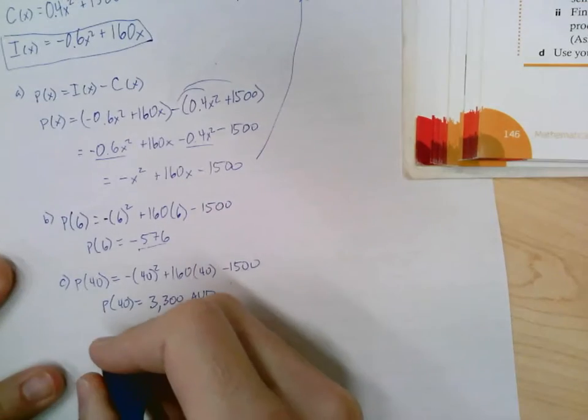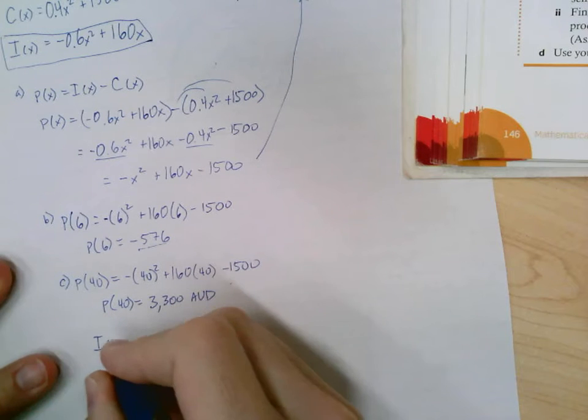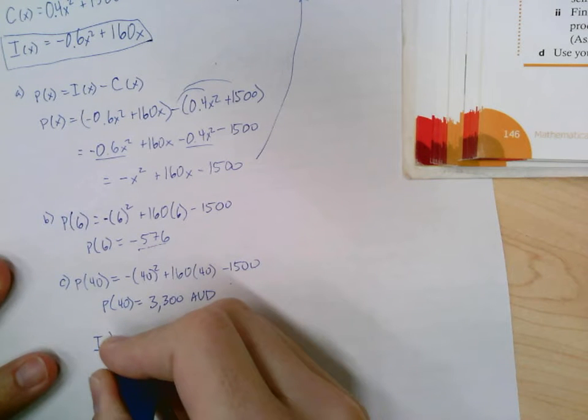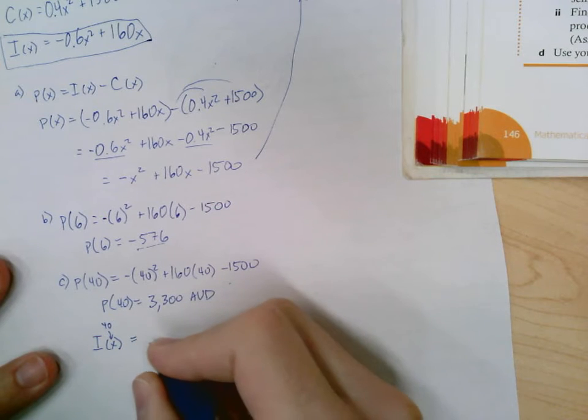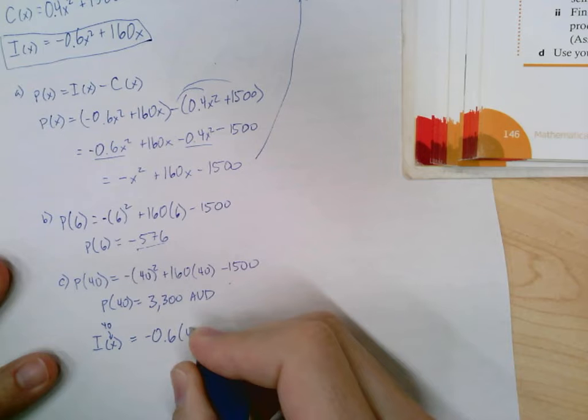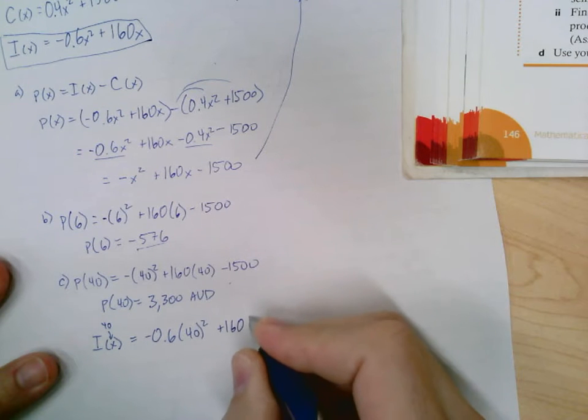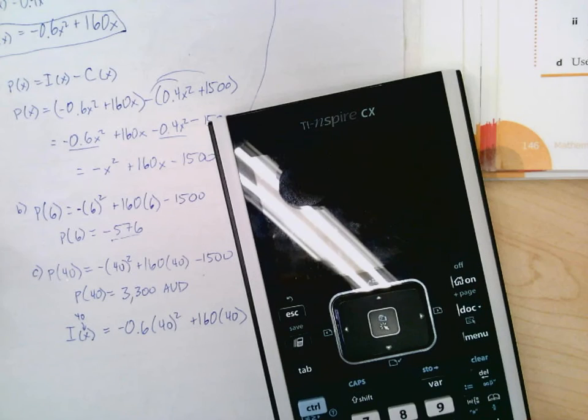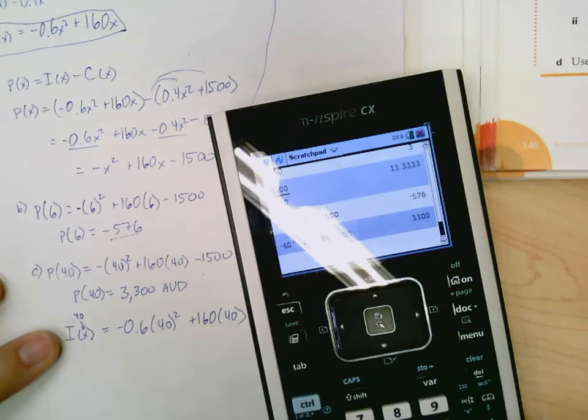So we're going to go income of 40 books is equal to negative 0.6 times 40 squared plus 160 times 40. So I'm going to find out how much money came in from selling those books.